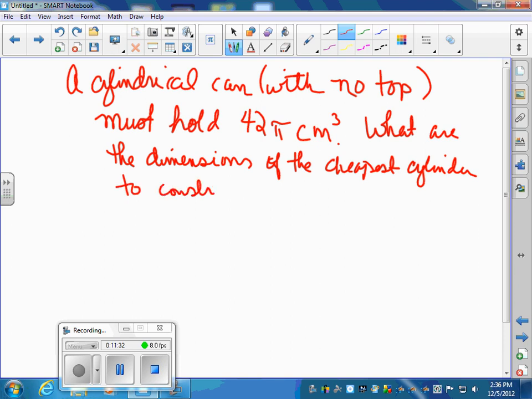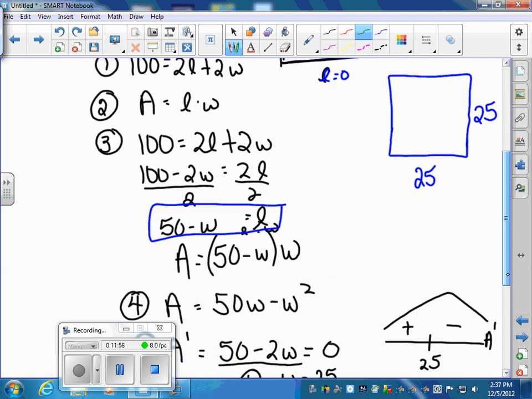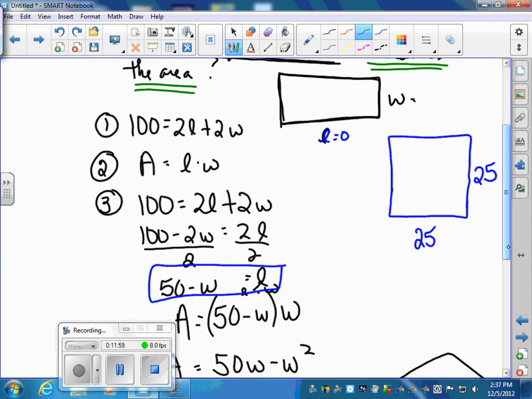Now, I just realized that we didn't answer the second part to our previous question. So let's go back just quickly. That was a two-part question. We didn't answer the part about what's the area. We did find that the dimensions were 25 by 25, but we also need to put units on those.